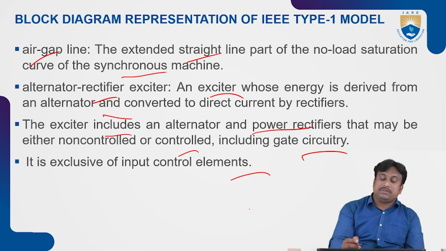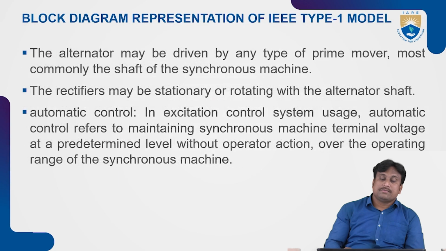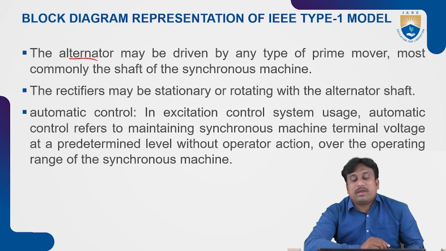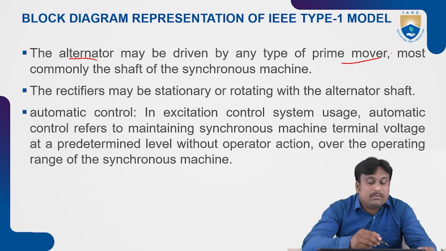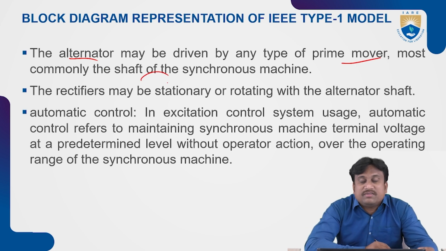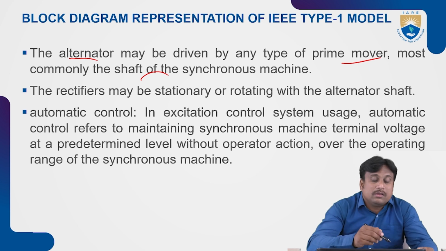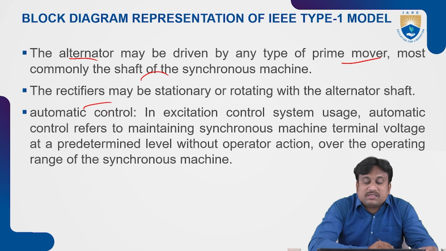The alternator may be driven by any type of prime mover, most commonly by the shaft of the synchronous machine, and acts as the excitation system for the whole network. The rectifiers may be stationary or rotating with the alternator shaft.